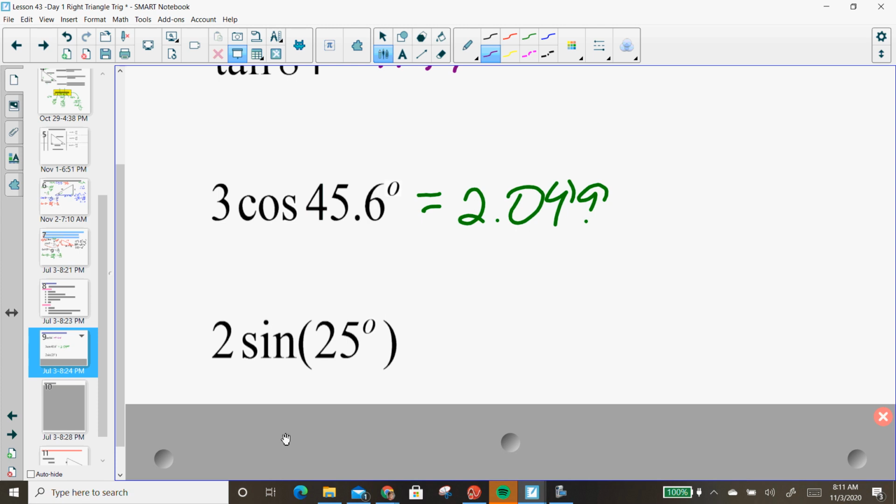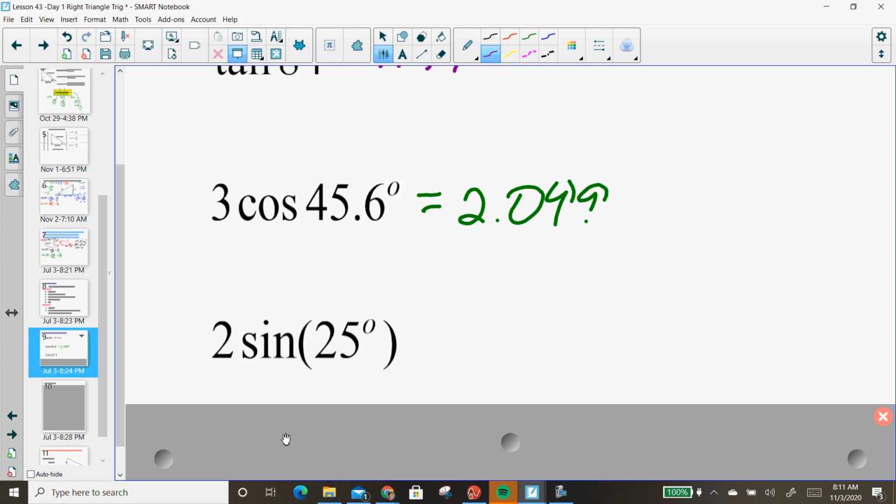And let's see. Austin, what kind of calculator are you using? So you're using an Inspire and it's on degrees. What kind of answers did you get that were not correct? So for the second one, wow, that's way off. Did you put the 3 inside of the cosine?